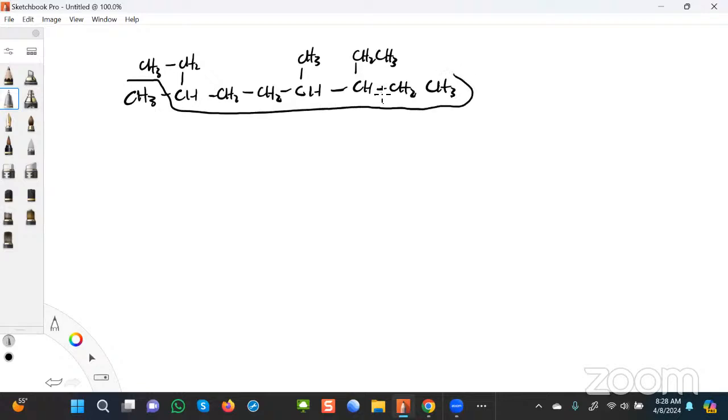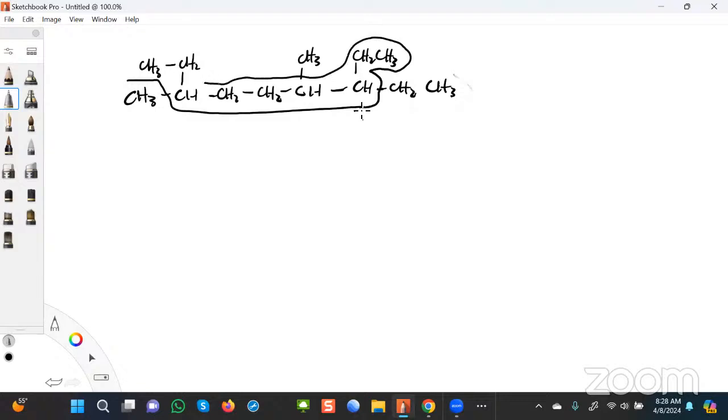And by the way, now that I notice it, let me show you one alternative, which would make a difference in this case. I could have gone this way to establish the longest chain.